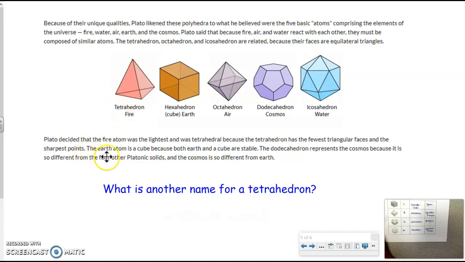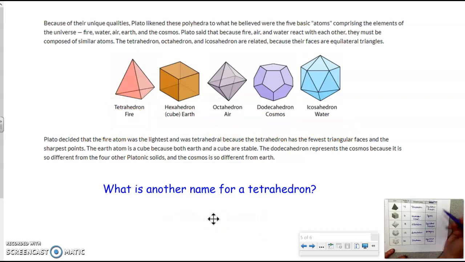And then he said the earth is a cube because the earth and a cube are the most stable. And he says that the dodecahedron is cosmos because it's different than the others. So this is not anything we're going to test you over, which is why I took that part off your notes, because it's more important to know what face each of these is made up of.